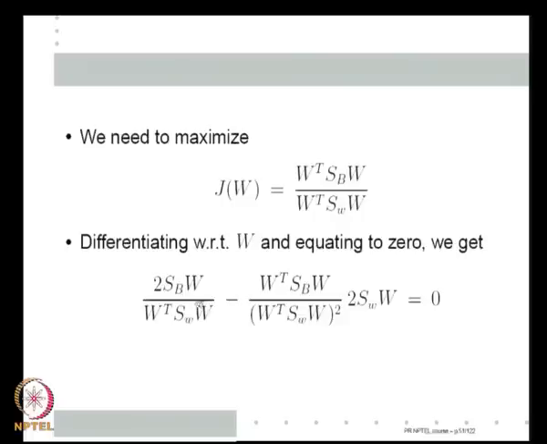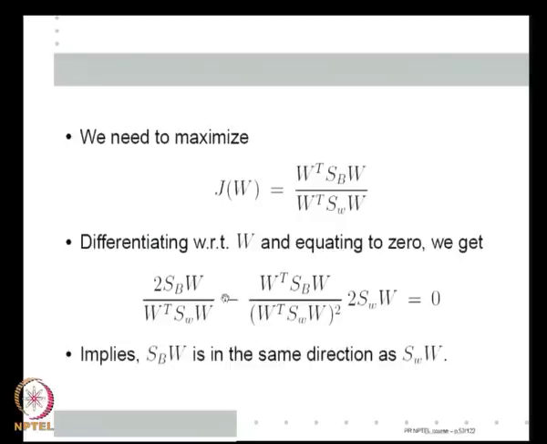In this, the denominator is a quadratic form, so it is a scalar, and this is also a quadratic form, a scalar. So, I have one vector here, SB W, and another vector here, SW W. So, it is some constant into the vector SB W minus some constant times the vector SW W equal to 0. That means this vector and this vector are in the same direction, because a constant times one is the other.